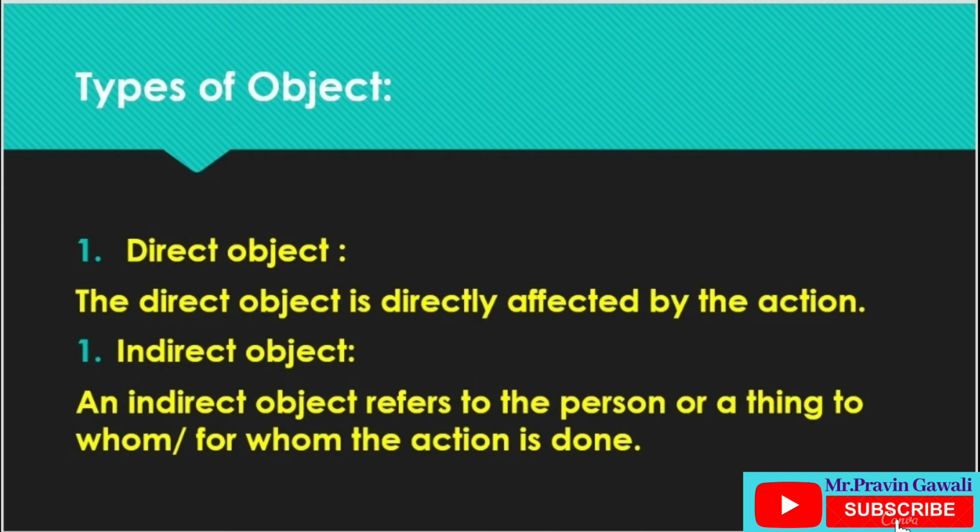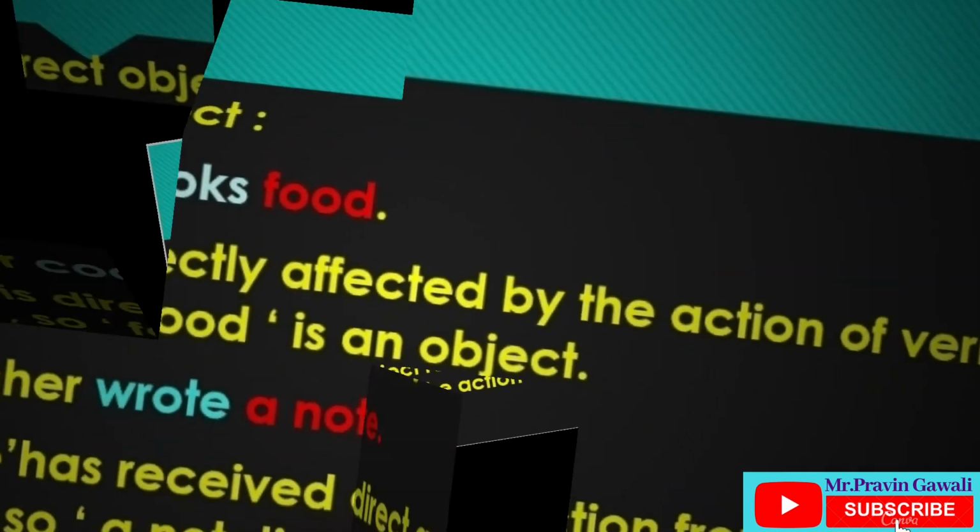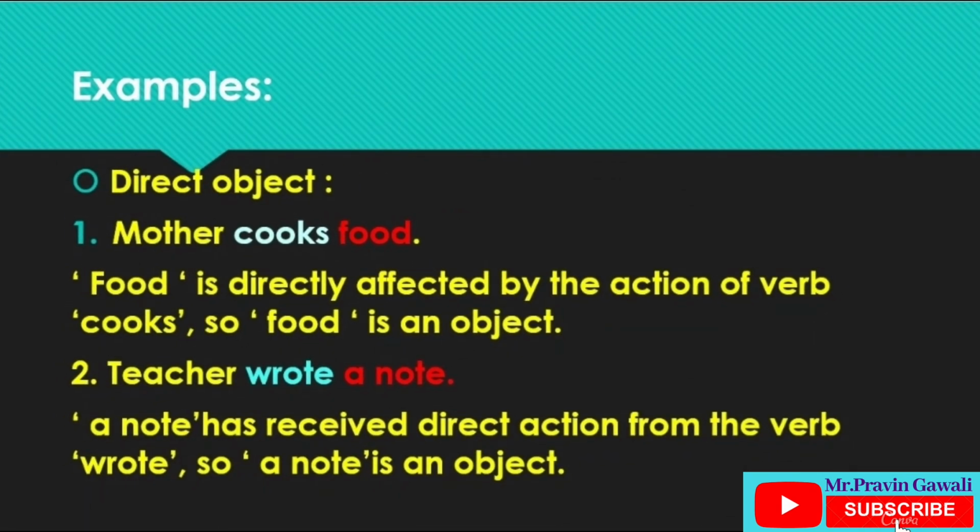Indirect object refers to the person or thing to whom or for whom the action is done. It means that indirectly the action is affected on something else. That is known as indirect object. Have you understood this much? Very good. Students, now let's have some examples.